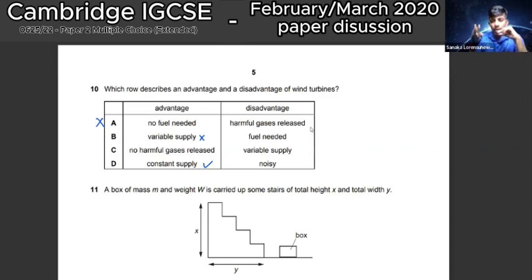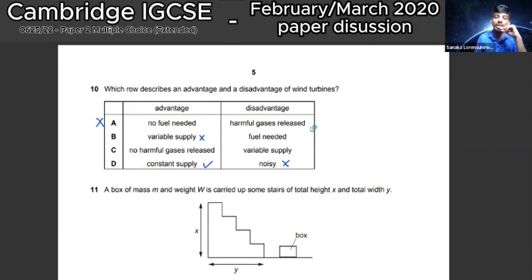Noisy: a wind turbine may generate some noise, but it is not harmful to the environment. Noise may happen, but it is not a large disadvantage.